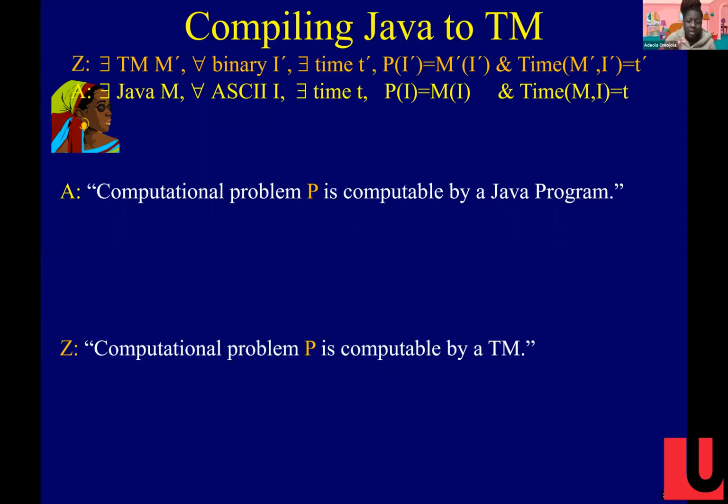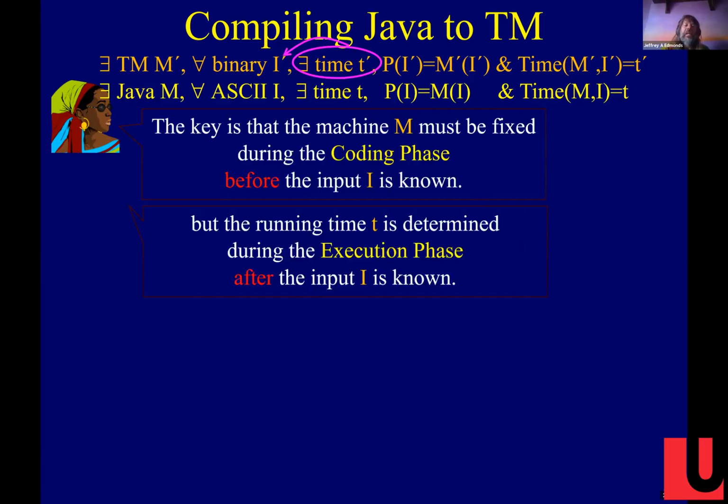Sorry, is it running time or execution phase now? Because I'm a little bit confused. All right, so the reason we switched it is because running time had two different meanings. Now we have execution. Let's forget that this was running.